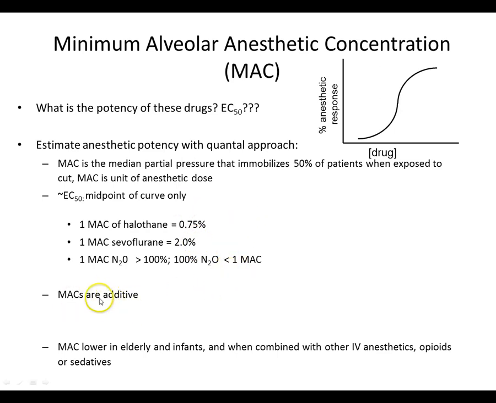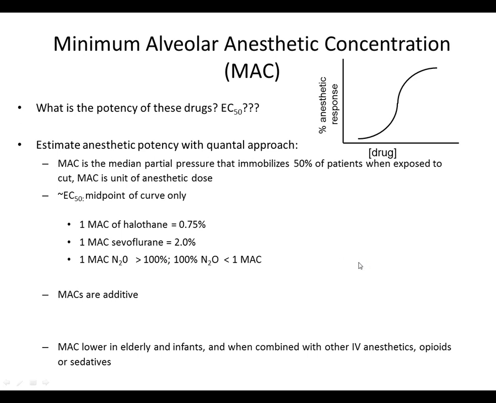The other important thing to be aware of is that MACs are additive. So even though nitrous oxide itself can't reach an MAC, if you add nitrous oxide to another drug, you would need less of that other drug.